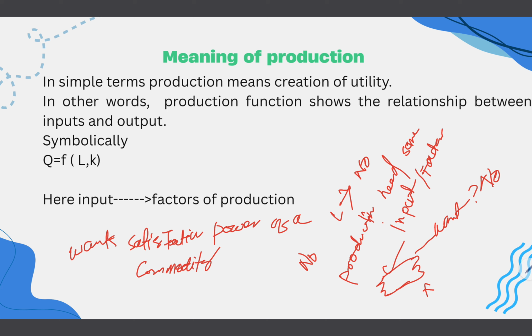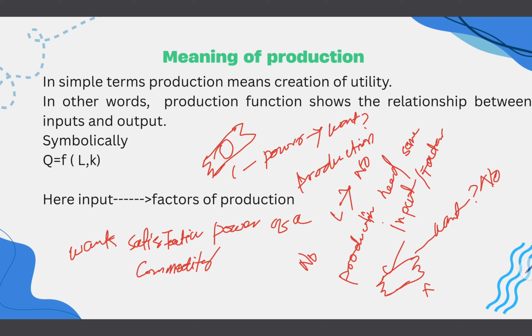So my question is, how does that chocolate get that power to fulfill our want? How? So the answer is production. In the production process, that chocolate gets that power to fulfill our want.